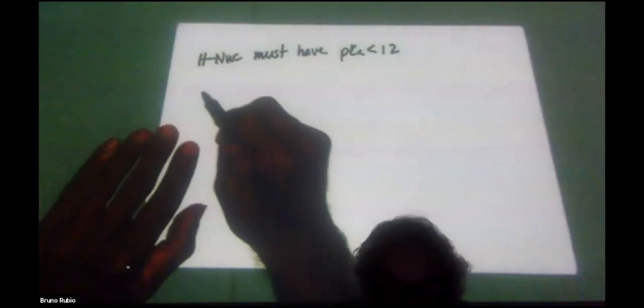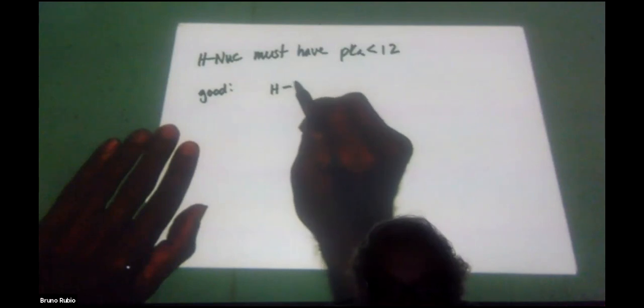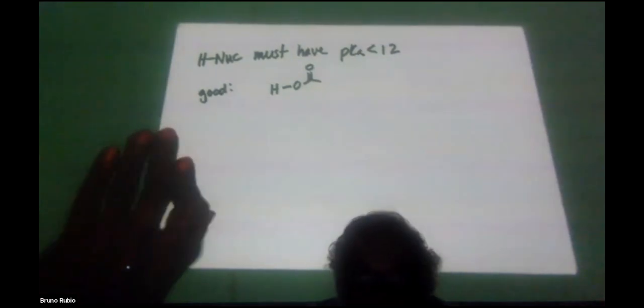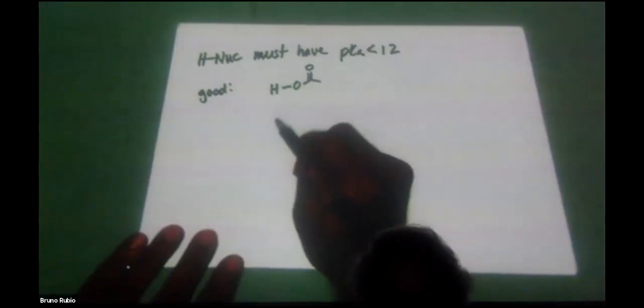Okay, so let's look at what H-nuc can be and what it cannot be. H-nuc must have a pKa less than 12. So what can H-nuc be? H-nuc can be a carboxylic acid. What else can H-nuc be?